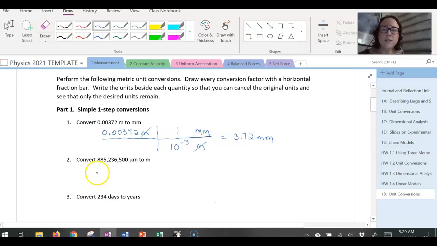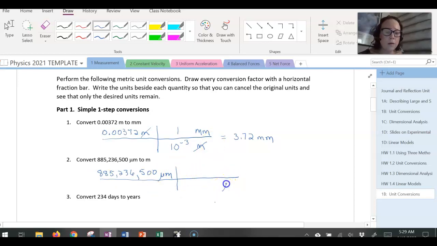Okay, let's do the next one. I have a quantity of micrometers. I start by writing that, and it's a lot of them. I'd like to know how many meters that is. So I set up my horizontal grid.